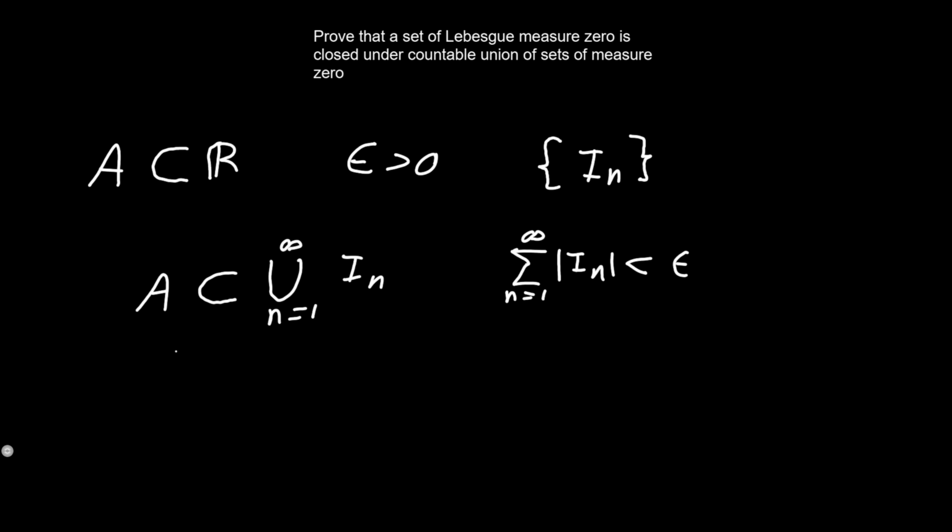Now we're going to assume that we have a countable collection of sets, let's say E1, E2, and so on, and each of these has measure 0.